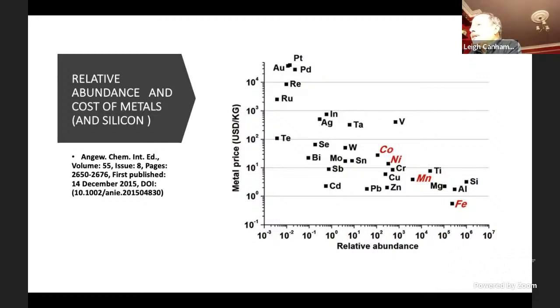But when we compare with metals, silicon is very abundant. We see that iron is an example of a metal that is very abundant, very inexpensive. And what's also interesting is iron is one of the few biodegradable metals.